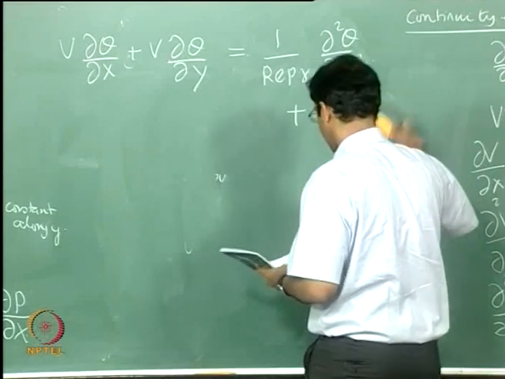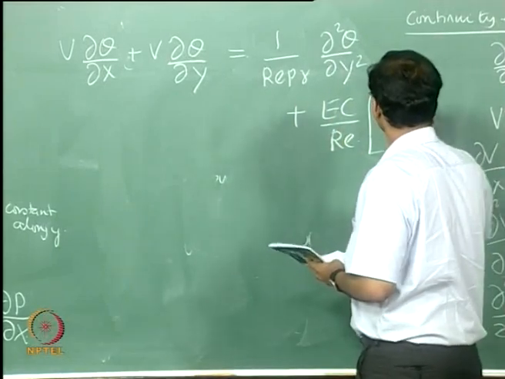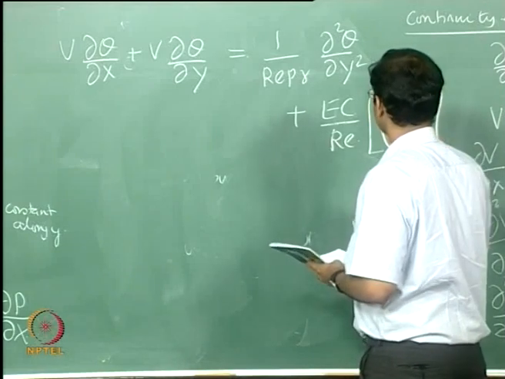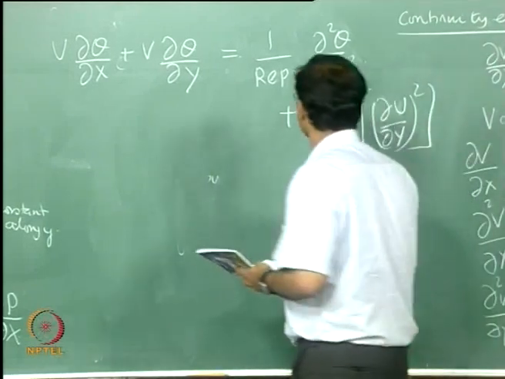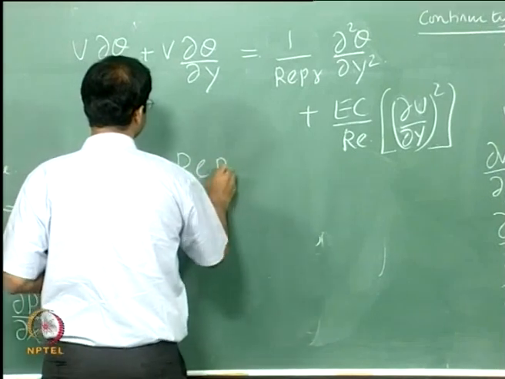The only term that is important is du by dy, the whole square. Okay, so now what should be the order of Re Pr?